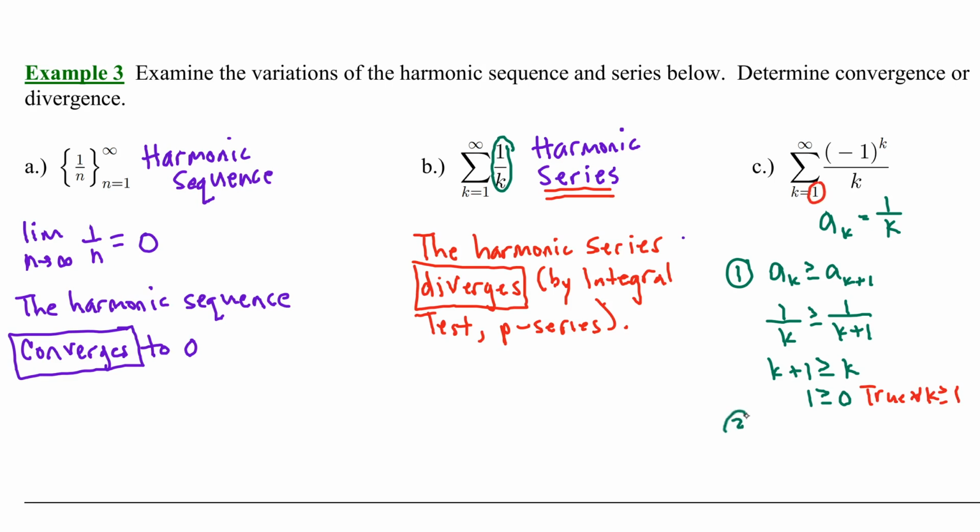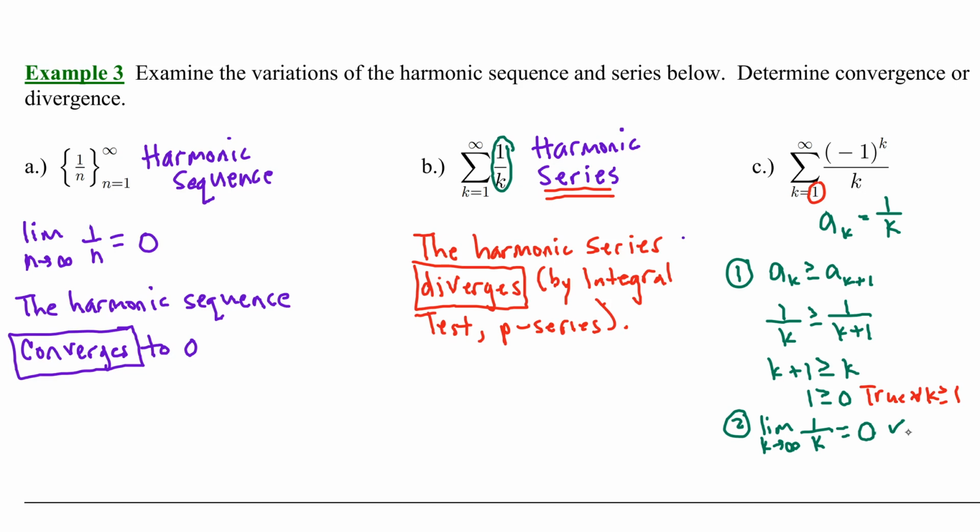Now, the second thing that we need to verify for the alternating series test is that the limit as k goes to infinity of a sub k, which in this case is 1 over k, is 0. And that is in fact true for this particular limit.